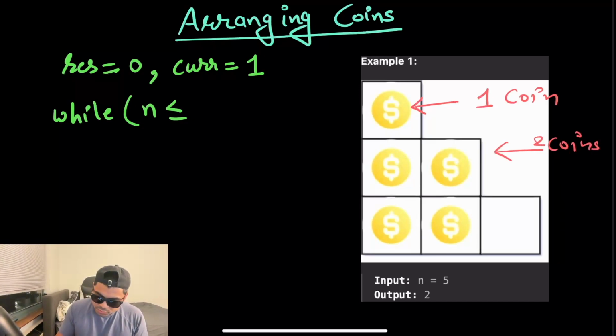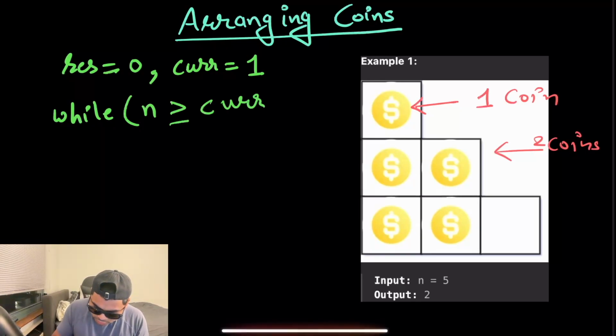Okay, now let's come back to our algorithm, the brute force algorithm I'm saying. So this has to be less than or equal to current, sorry, my bad, this needs to be greater than or equal to current, so that we can build this staircase, and only then can we enter inside this loop.